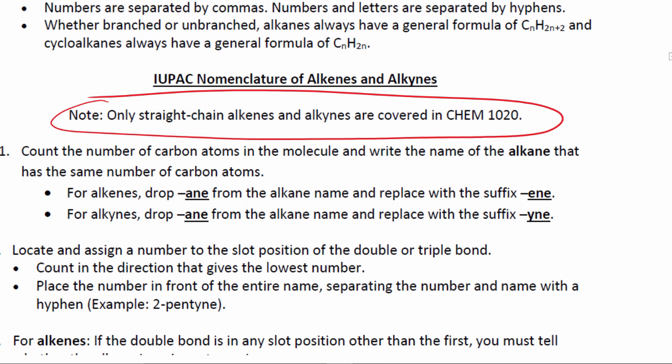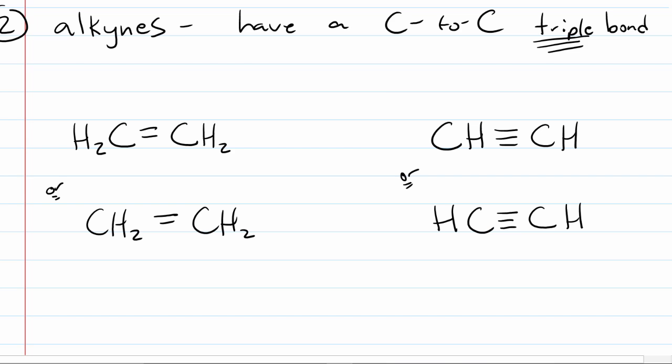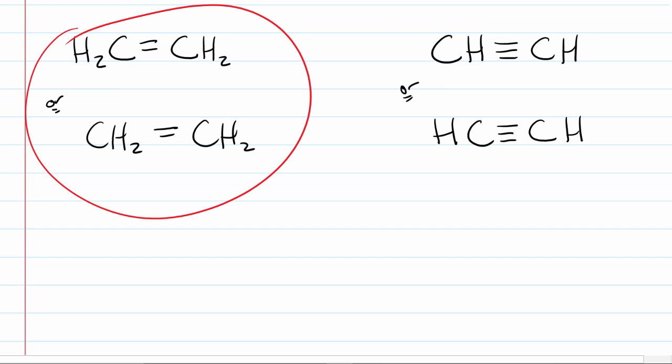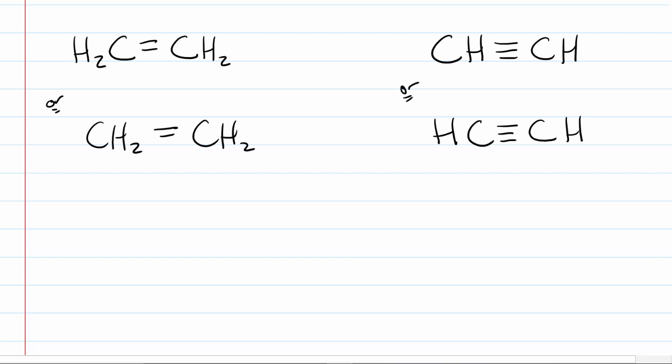So we come back here. Let's name this one here first. How many carbon atoms are there? 2. So if I had a 2-carbon alkane, the name would be ethane. But now because it's an alkene, what do we do? Replace it with ene.